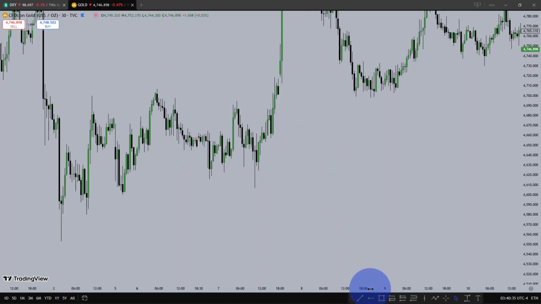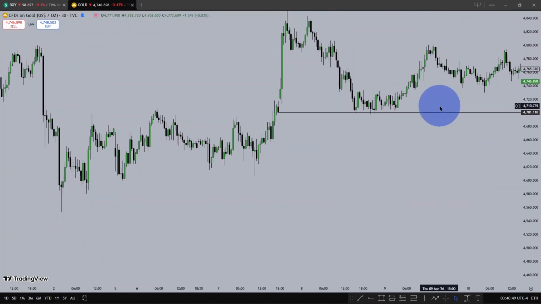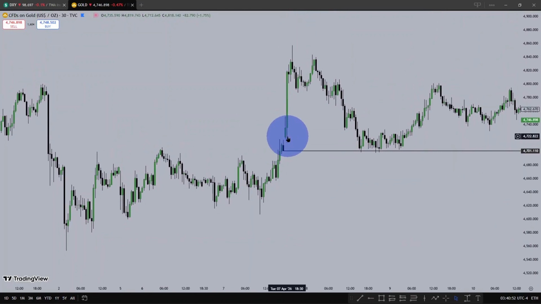So this is where I was expecting markets to trade into for a complete rebalance of the inefficiency. Instead they did an entry drill, and it was very quick, so I couldn't take any setup here again.